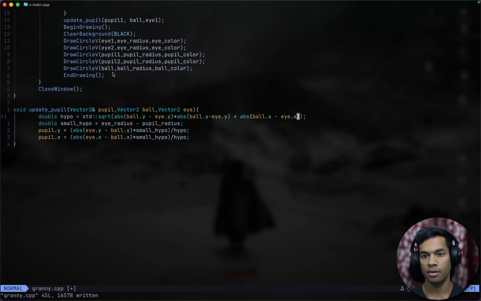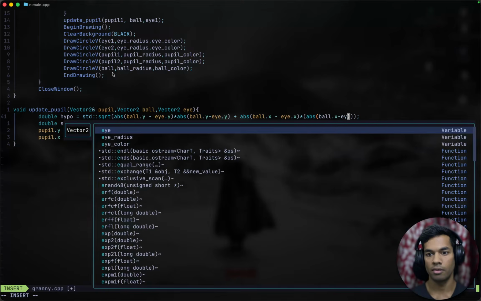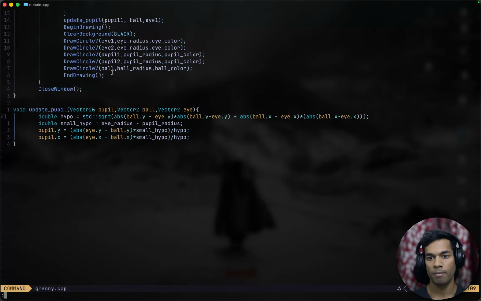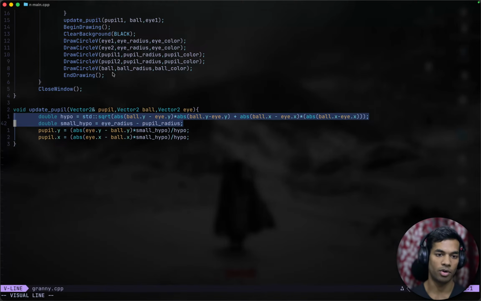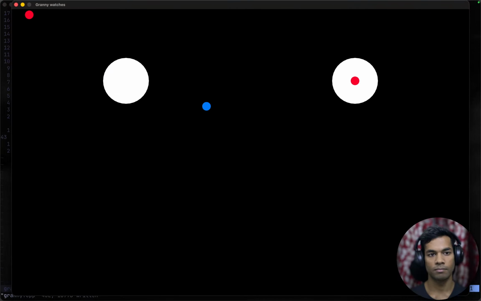Multiply, and here multiply this by absolute of ball dot x minus I dot x. Okay, so hypotenuse is correct. Small hypotenuse is correct. And this is also correct.